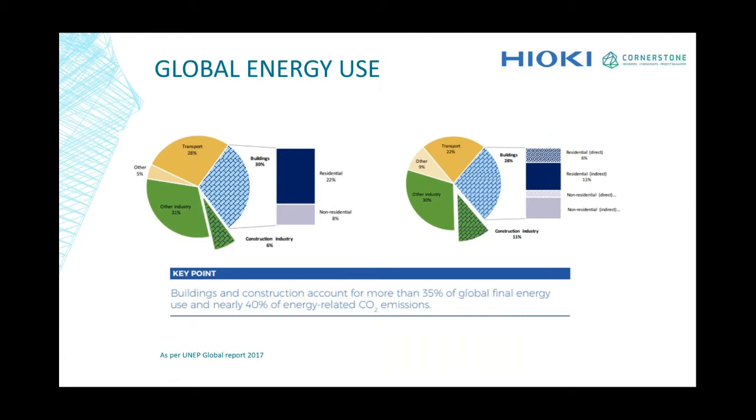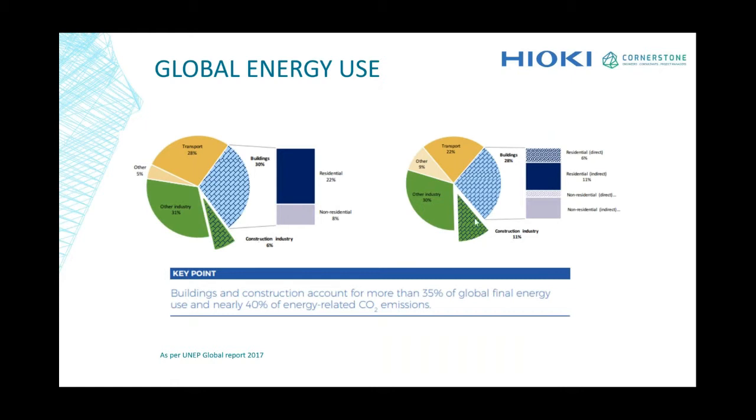This also includes, as the slide shows, the construction industry at 6%, which produces the raw materials for constructing buildings. So it comes to around 36 to 40% of consumption from buildings.